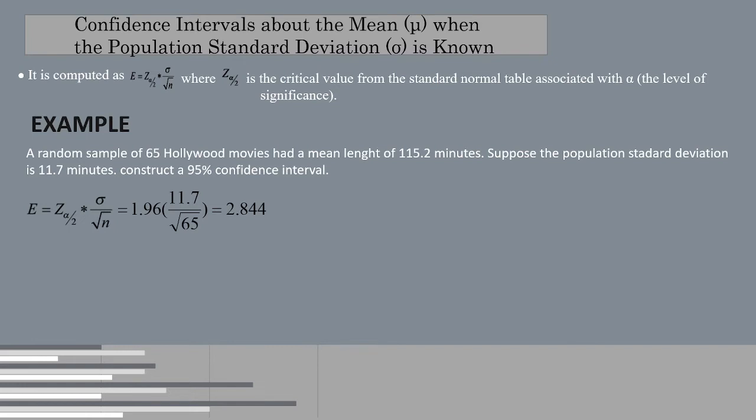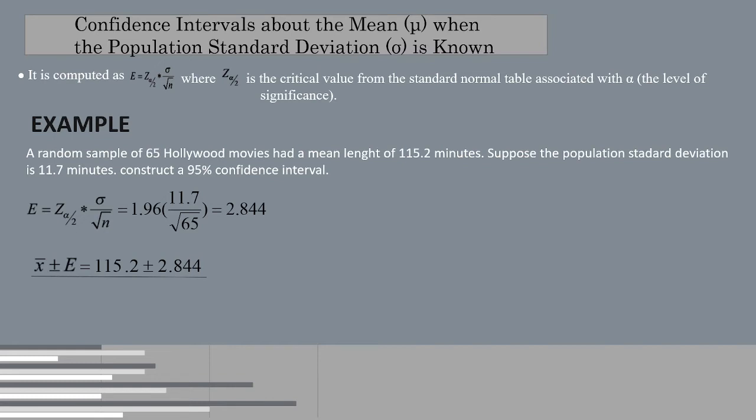Our sigma is 11.7 and our sample size is 65. Now, E is equal to 2.844. To compute the confidence interval, subtract and add E to x bar.